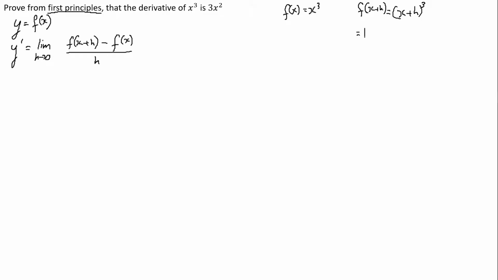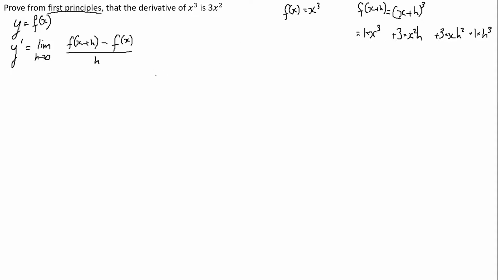So you know it's going to be 1, 3, 3, and 1. And it's going to be x cubed, h cubed, x squared h, and x h squared. As you can see, all of the powers add up to 3. I'm not writing in the ones, but that's our binomial distribution.